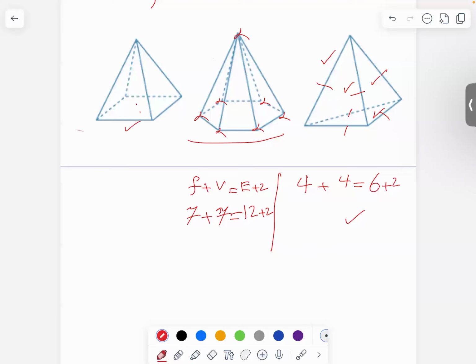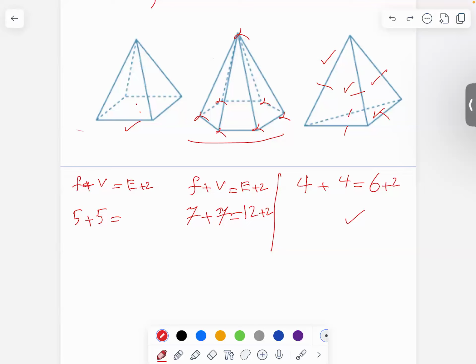What about this one? Base, 1, 2, and 1 down. 5. How many vertices? 5. E plus 2, 8. Yeah.